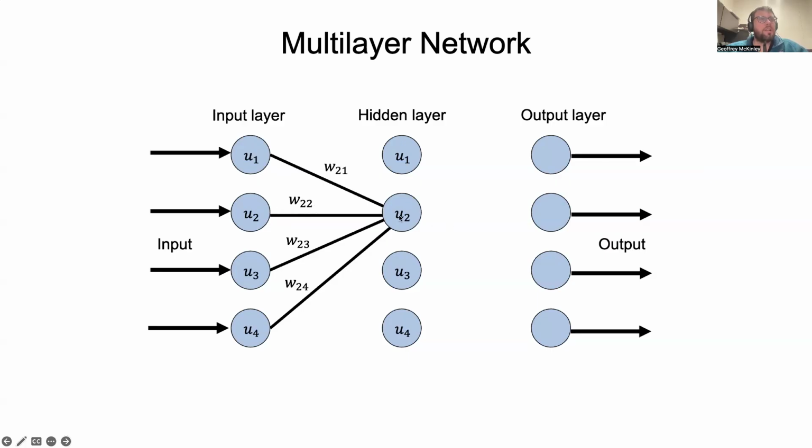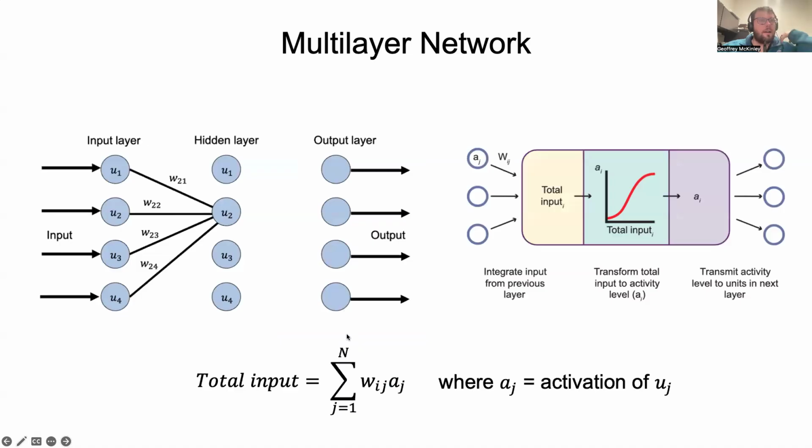Weight two two is sending activation to unit two from unit two of the input layer, whereas weight two three is going to be sending activation to the hidden unit two from the input unit three, and then weight two four is going to be sending activation to the hidden unit two from the input unit four.